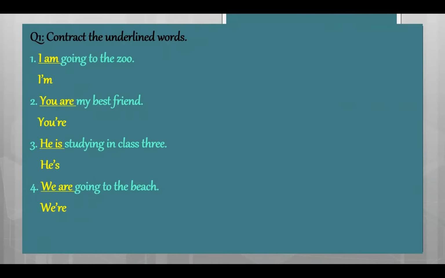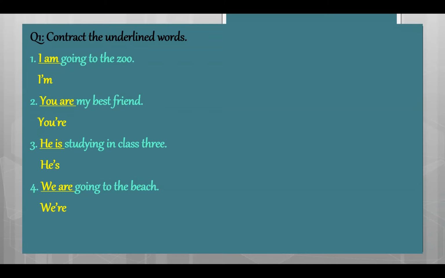Number 1, I am going to the zoo. Underlined words are I and am. I am becomes I'm. I'm going to the zoo. A is removed. So we have used an apostrophe in place of the removed letter A.